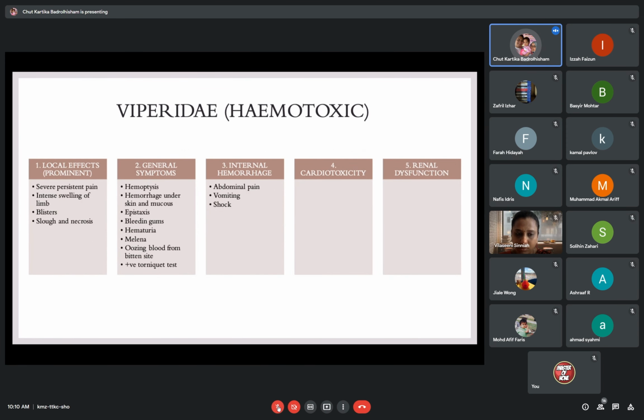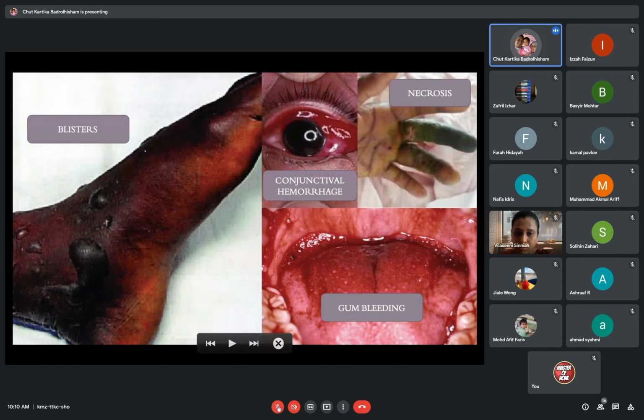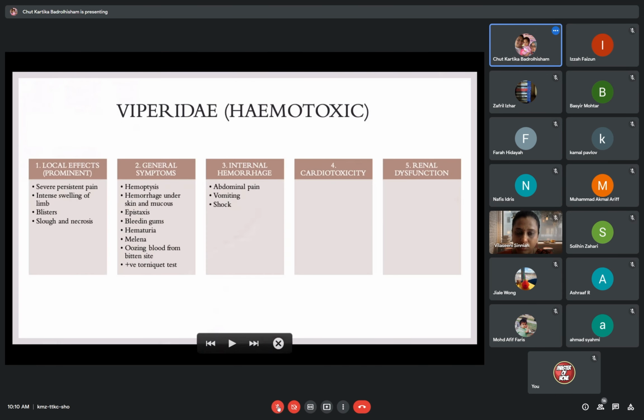Viperidae mainly has hematotoxic effects. It has hemotoxin. The local effects for Viperidae can cause severe persistent pain, intense swelling of the limb, blisters, and also slough and necrosis.